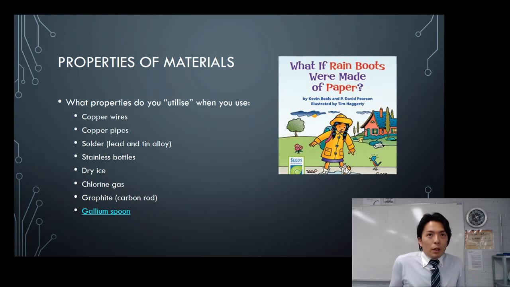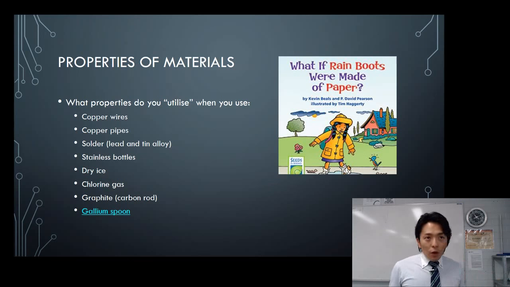Paper is fantastic for writing things on or wrapping things because it's thin, or it grabs onto little particles of carbon that allows you to use a pencil to write, or soak up things like water. If you think of kitchen paper, it absorbs water really well. That's a property, isn't it?